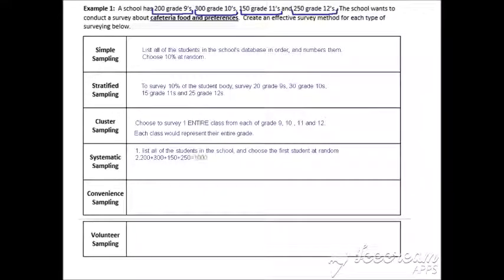That's 1,000 students. So if we want to survey 10%, which is 100, it's every 10th student. So survey every 10th student after the first one.